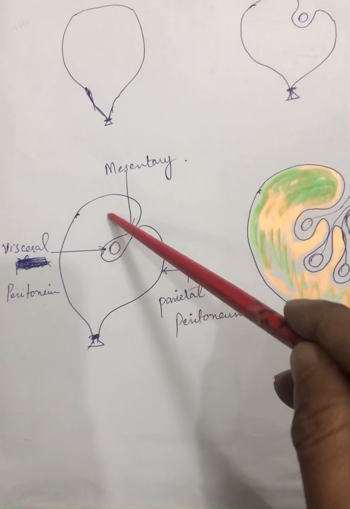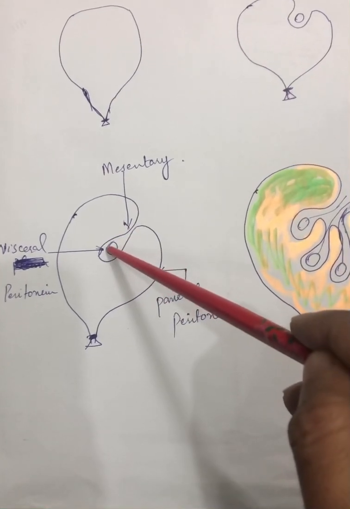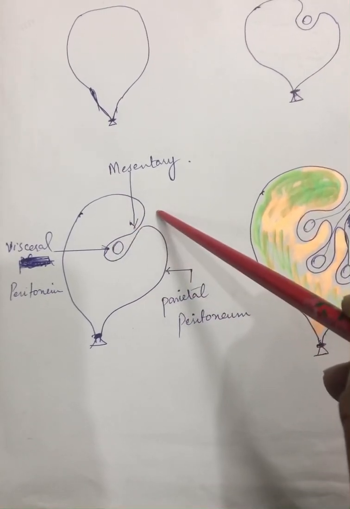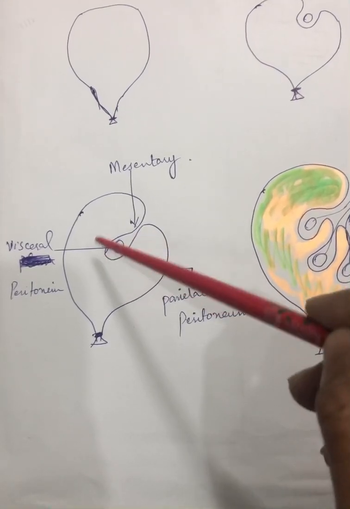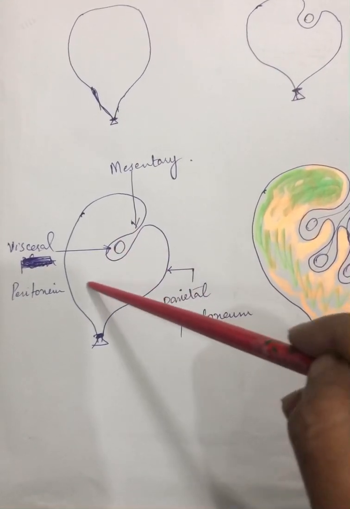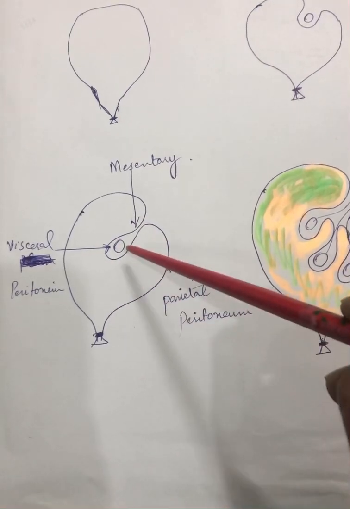This is the cavity of the balloon. So this marble has been invaginated from the outer aspect of the balloon to its inside, but it is outside the peritoneal cavity.